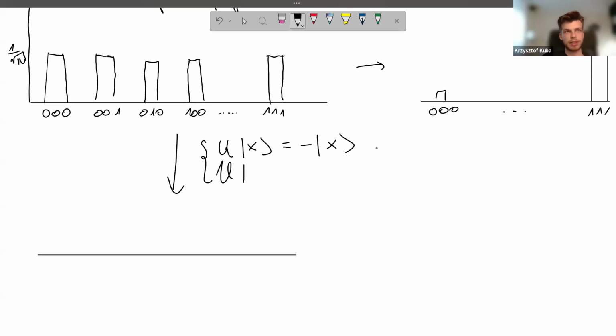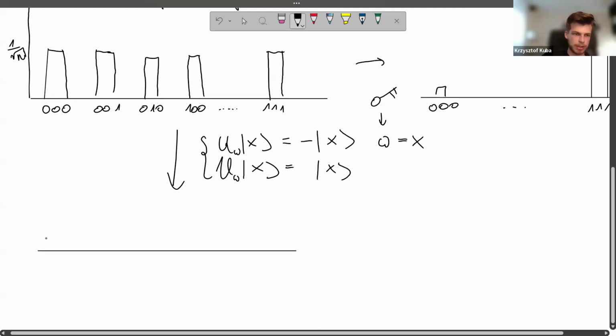This is provided that our oracle state omega is equal to x. So omega is actually our secret key that we're searching for. And if it's not, then we'll just leave the state unchanged.